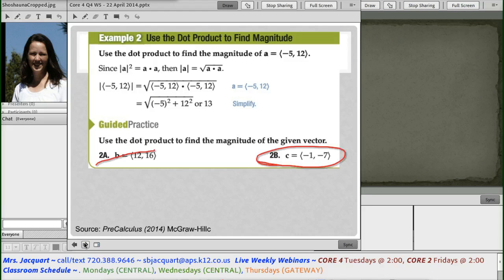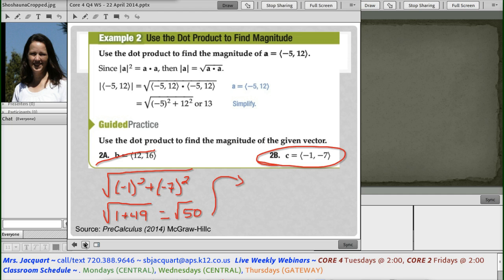For this one, we're going to do square root of -1 squared plus -7 squared. Square root of 1 plus 49 equals square root 50, which then becomes square root of 25 times 2. So square root of 25 is 5, giving 5 square root 2.